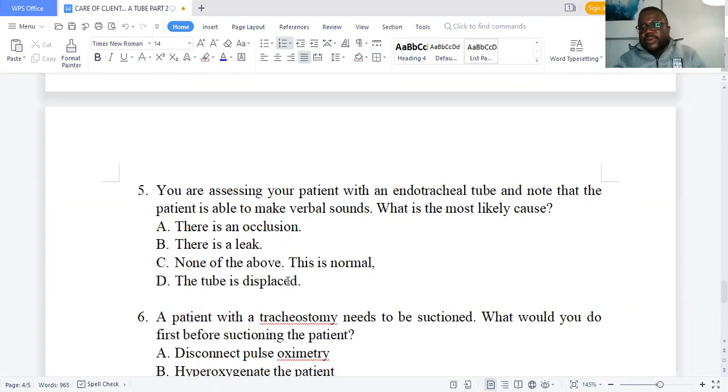If it is displaced to the right, then there's absence of breath sounds on the left side, right? But we're talking of verbal sounds. So if the patient is making verbal sounds, it means there is a leak. There is a leak somewhere. So the right answer is B.